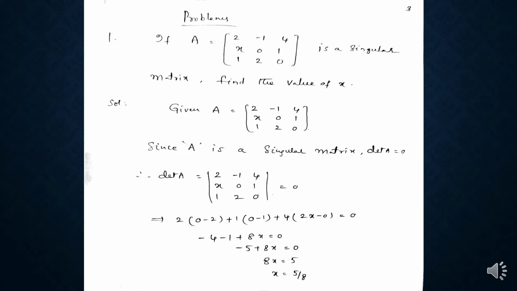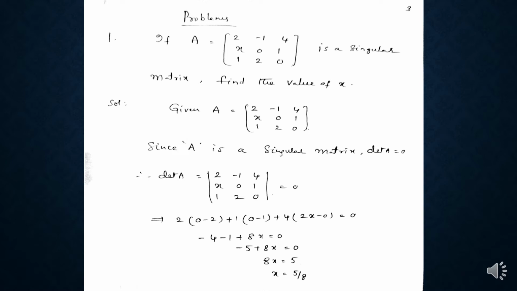So how do you calculate the determinant of the given matrix? By using Laplace expansion, by taking any row or column we can expand it. By taking the first row, 2 into its cofactor, 0 minus 2, plus 1 into 0 minus 1, plus 4 into 2x minus 0 is equal to 0.